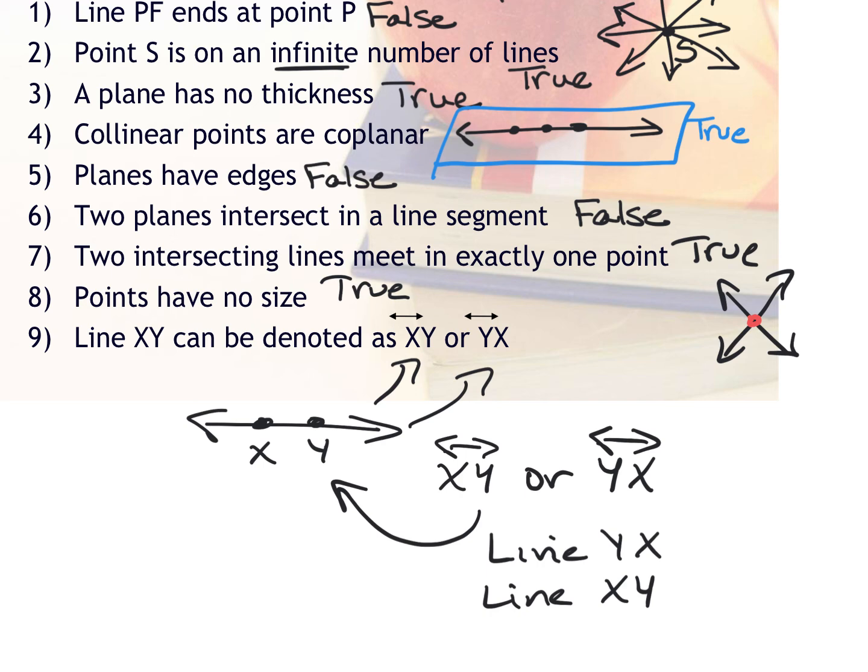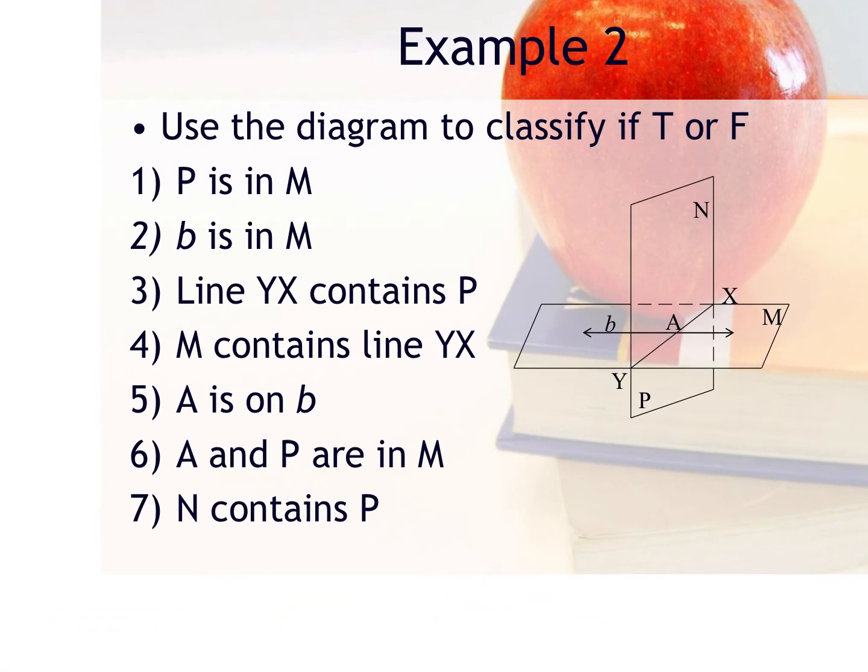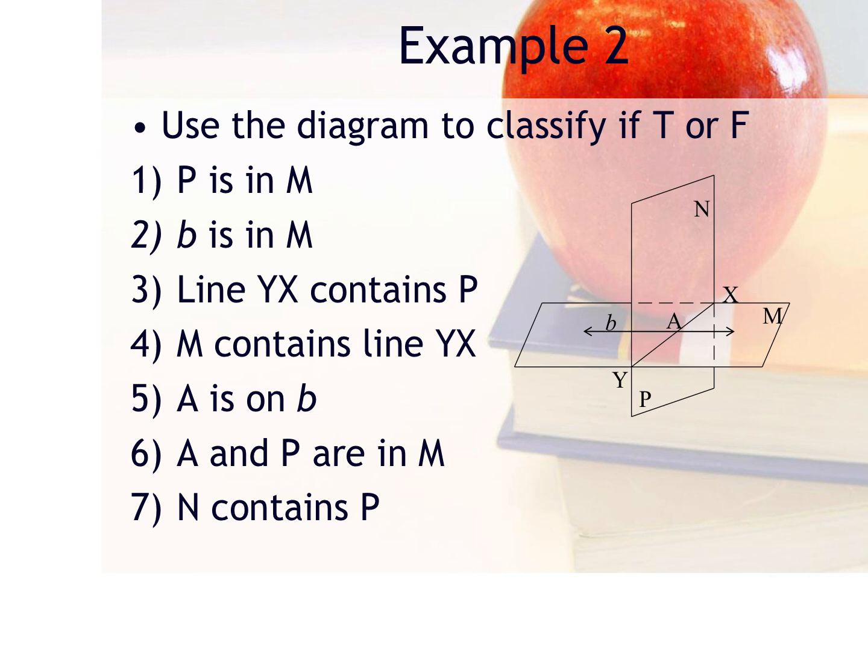Now the next slide, the last one, actually has a picture or a diagram for us to look at. Here it says use the diagram to classify if it's true or false. Now let me just clarify a few things. This M that's right here is not indicating a point, it's naming the plane.